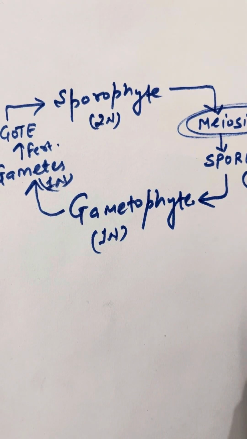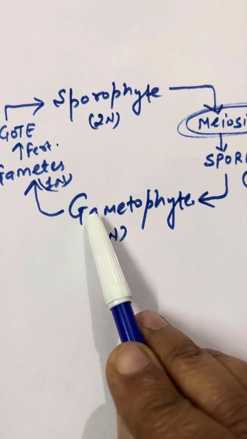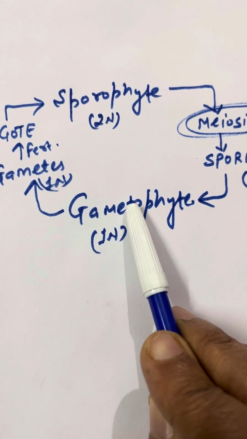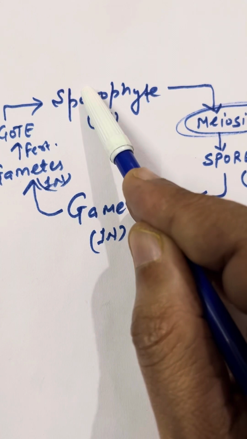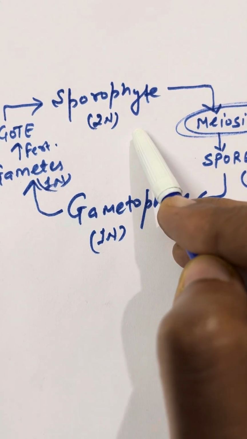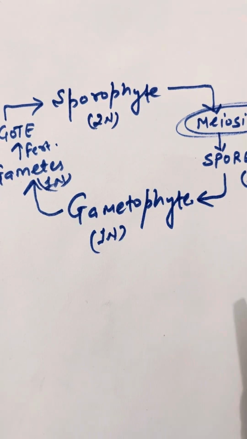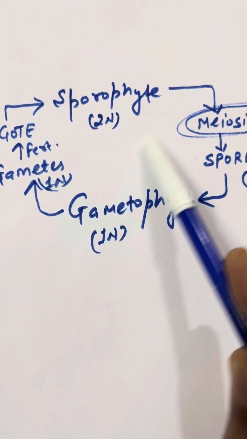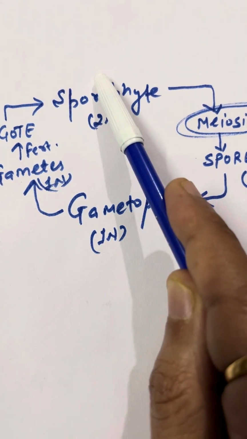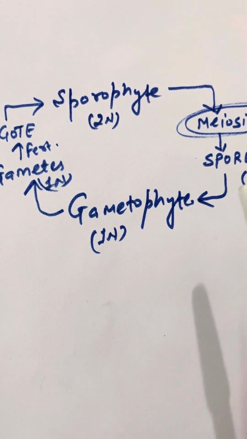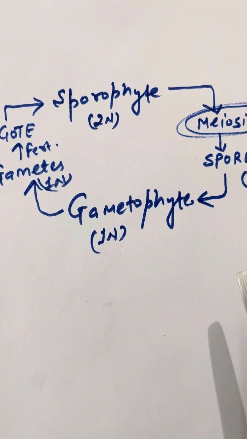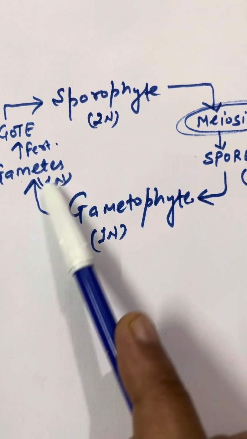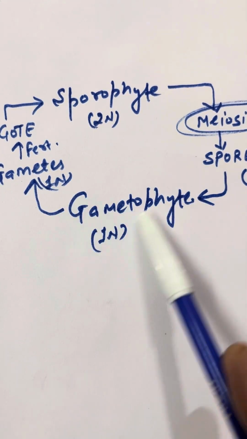So this is to be understood that in Bryophyta, the gametophyte is dominant and the sporophyte is parasitic on it. In case of pteridophyta, gymnosperms and angiosperms, the sporophyte stage becomes dominant, and the gametophyte stage goes on becoming smaller and smaller. It will not go away, because if it goes away, the life cycle is not completed.